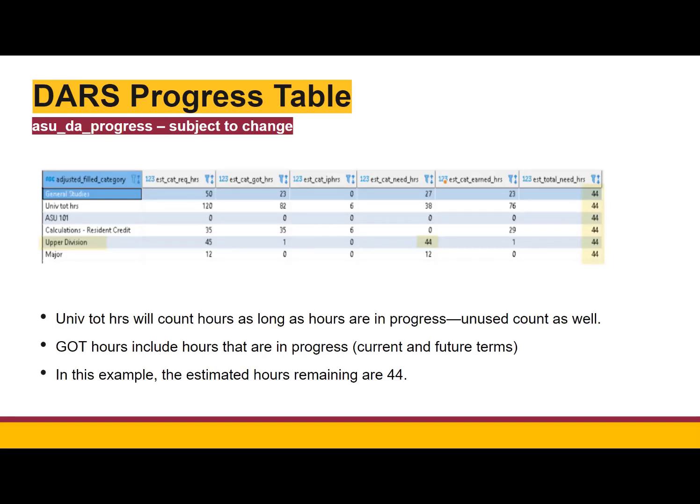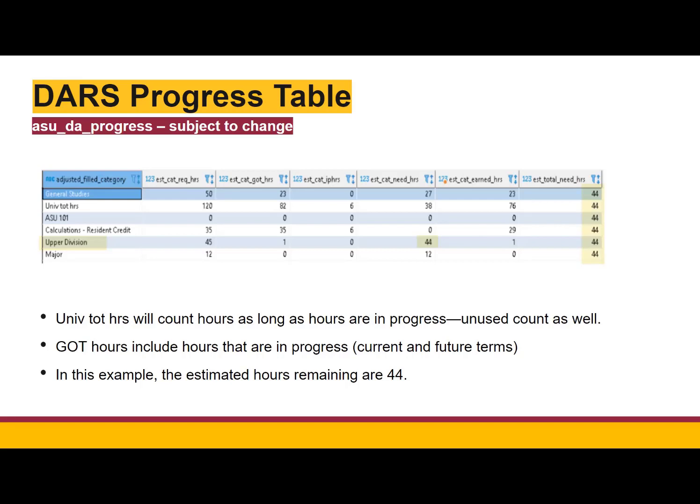So, okay, the progress table, this is just an example. There are more columns with DPROG and all the different IDs, but this is just the hours. And a couple of things to point out: university total hours, they will continue counting as long as something is in progress. So that's why you will see audits sometimes where a student has 256 hours.